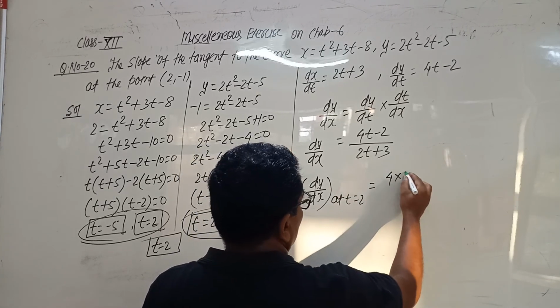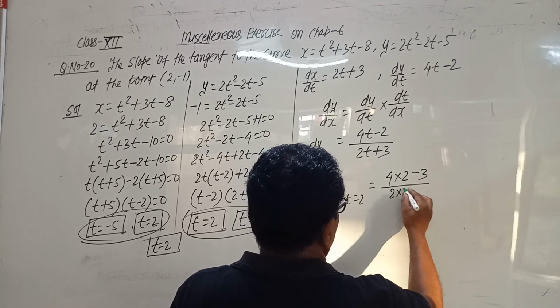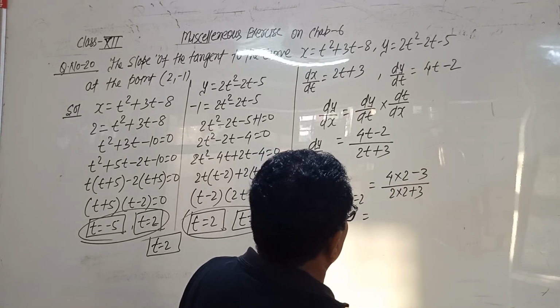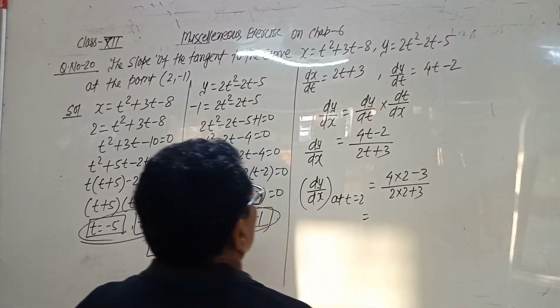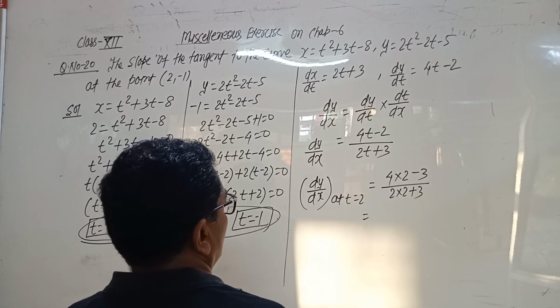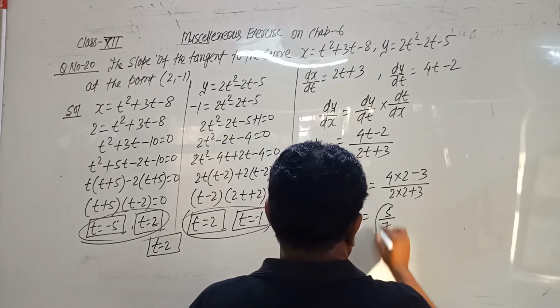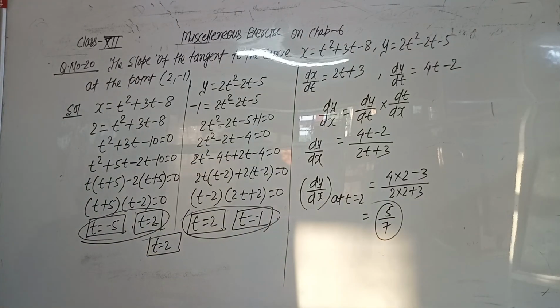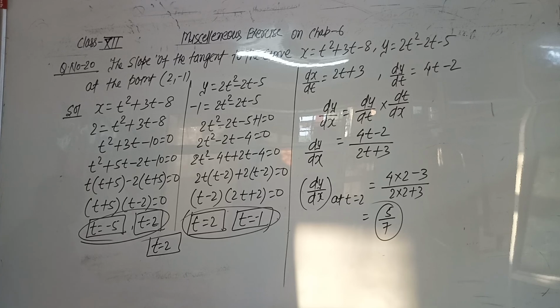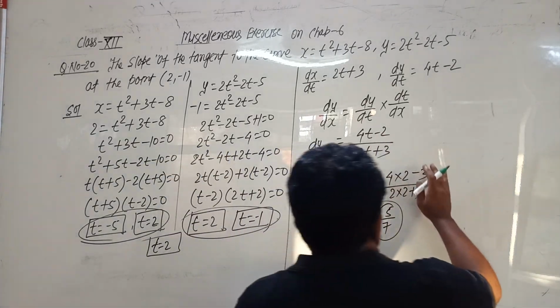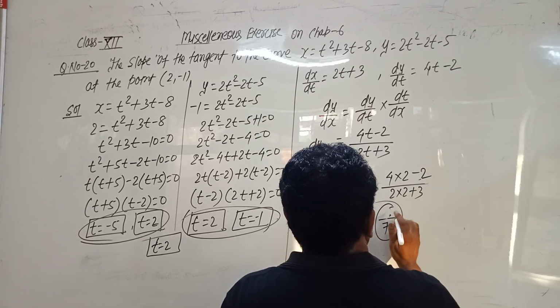Put the value of t equals 2: 4 into 2 minus 2 upon 2 into 2 plus 3. 4 into 2 is 8, minus 2 is 6, and 2 into 2 plus 3 is 7.